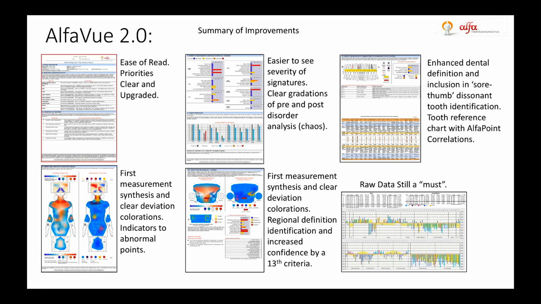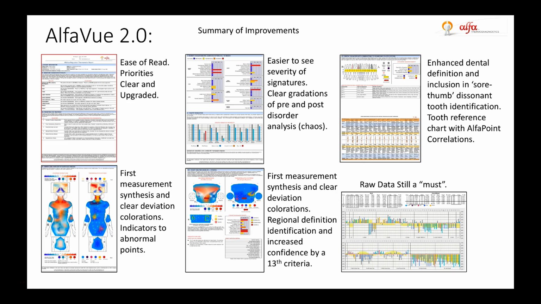So the summary is the ease of read, improvements to a lot of the wording and some of the algorithms. Then we have the first measurement in both the breast and the body, showing us some very crucial points often referred in infrared camera methods. This has both.